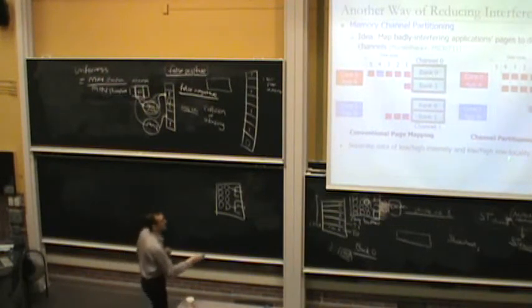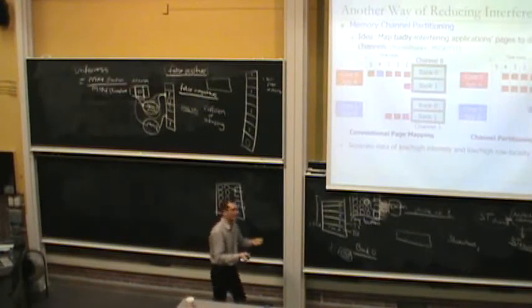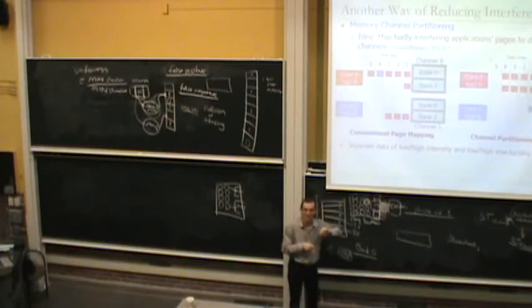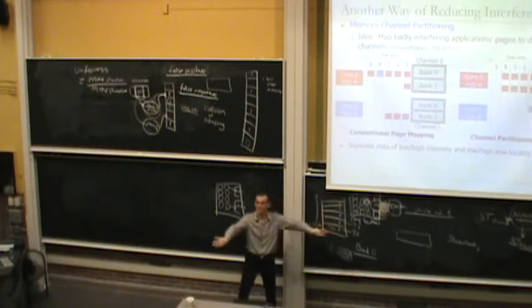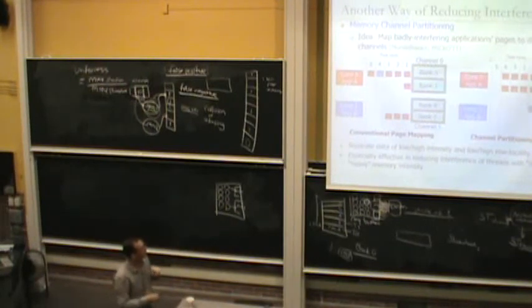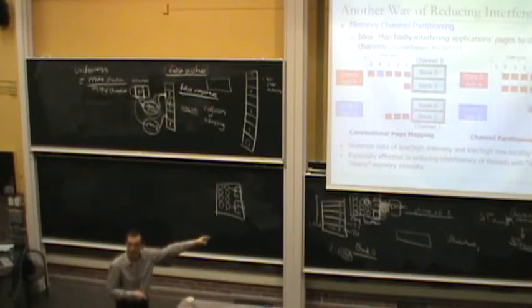If you have an application that has high row buffer locality, again, because of the row hit first scheduling policy employed in the memory controller, that application starves the other application that has lower row buffer locality. So why don't we put them on different channels? That's the idea. And it turns out this is effective in reducing interference of threads as well. And you could employ this together with some of the memory scheduling policies.